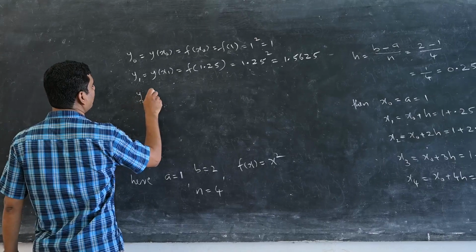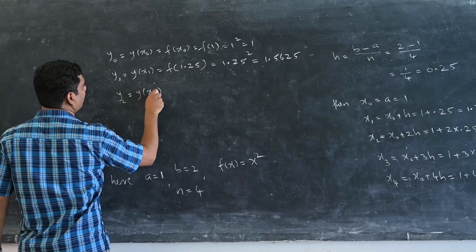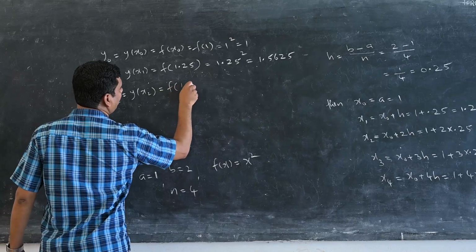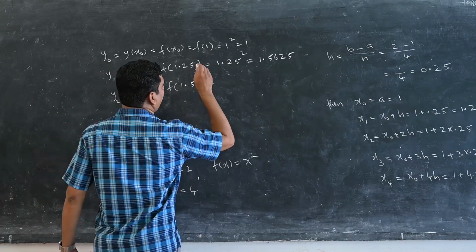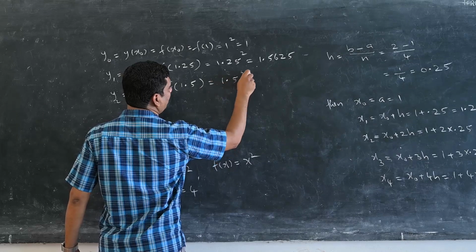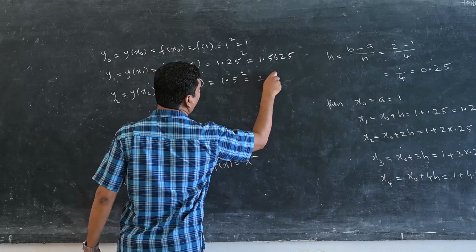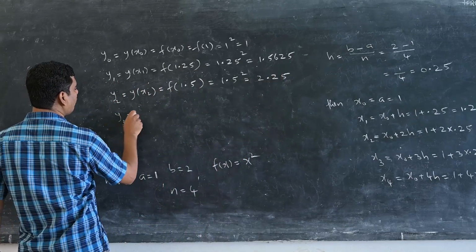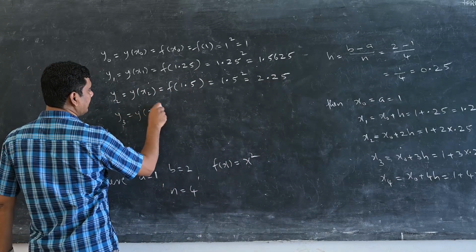Y2 is equal to y of x2. It is f of x2 is 1.5. F of x is x square. F of 1.5 is 1.5 square, 2.25. Y3 is equal to y of x3.